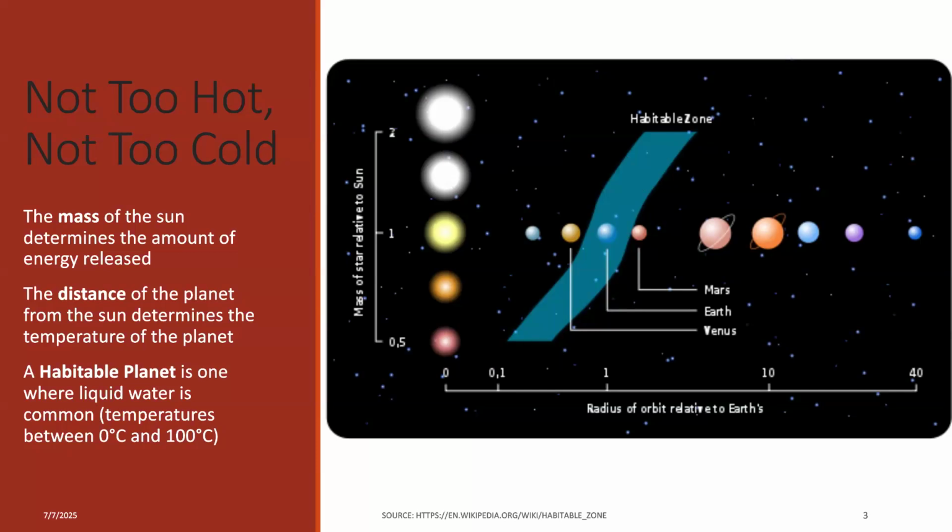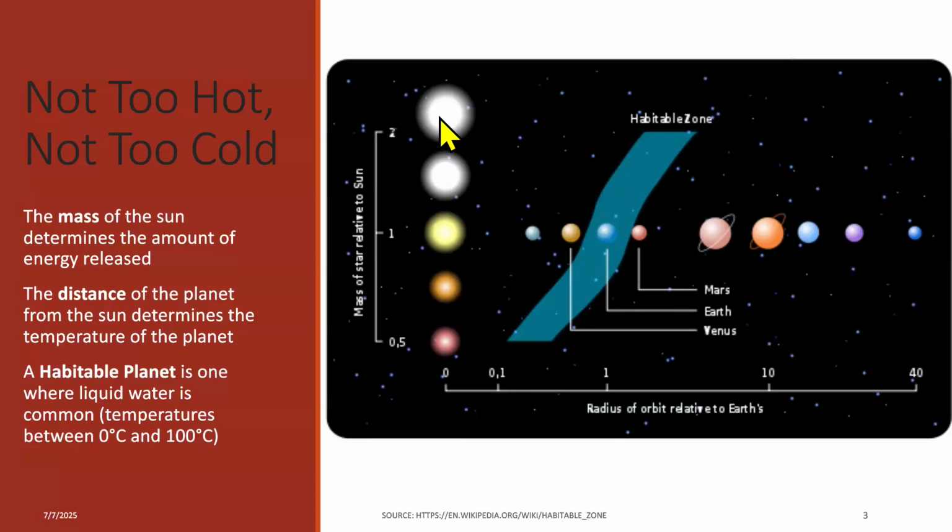All right, so we're going to define a habitable planet as one where the temperatures on the surface of the planet are between 0 degrees C and 100 degrees C, so that there's liquid water and it's common. So notice how this blue-green zone, the habitable zone, goes on a diagonal on this graph, and indicates that the smaller the sun, the closer a planet needs to be to get into that correct temperature zone.